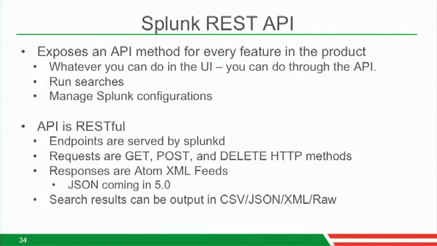Our responses are Atom XML feeds. We've got pure JSON coverage coming in 5.0. When you execute a Splunk search and get the results back, you can specify what format you want those results in. So you can have CSV, JSON, XML, or just plain raw. Raw is the actual format that the raw events got indexed into Splunk in the first place.